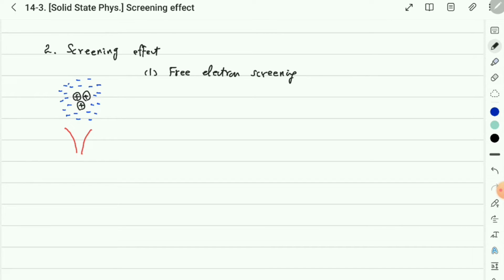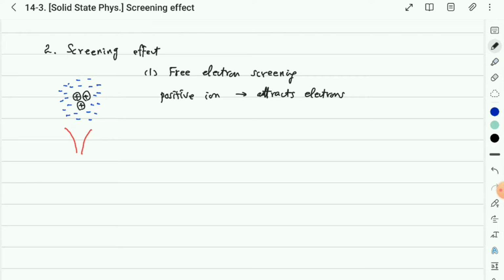A positive ion is placed in a stationary position and attracts electrons, because the positive ion is plus and the negative charges attract each other by the Coulomb potential.